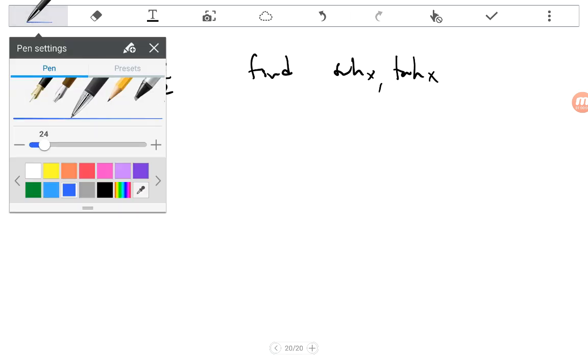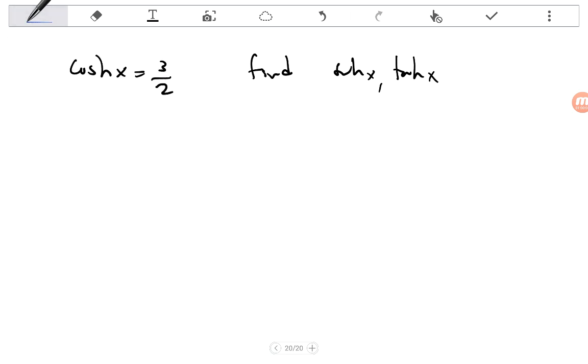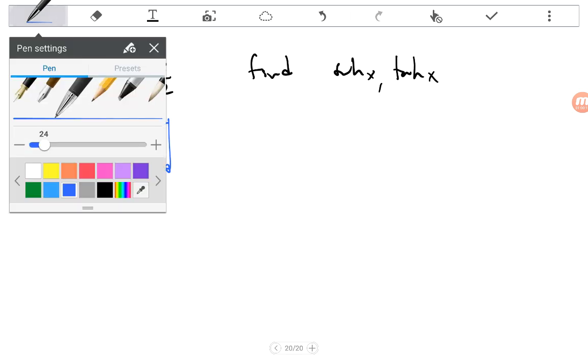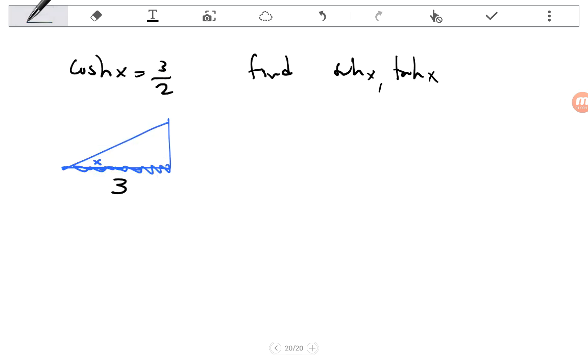Now, if I have this case, cosine x equal to 3 over 2, find sine x and tan x. So this will be a fake triangle. 3 over 2, it will be 3 over 2, which is this.